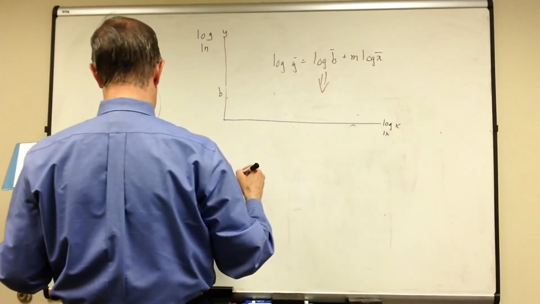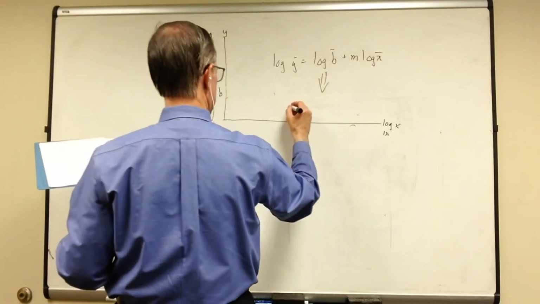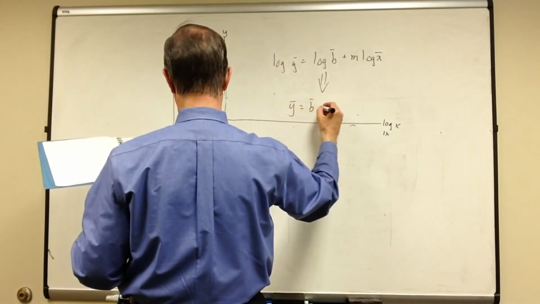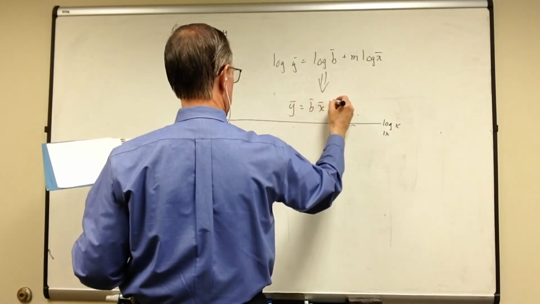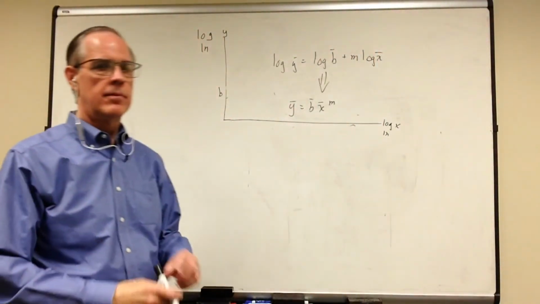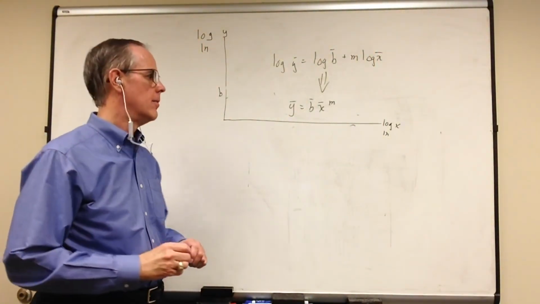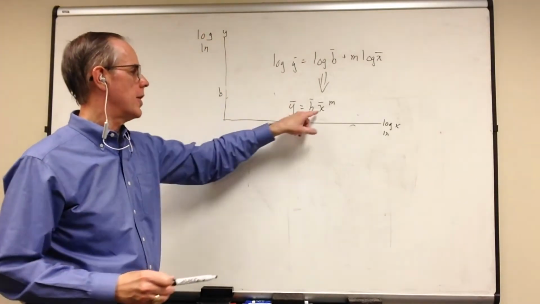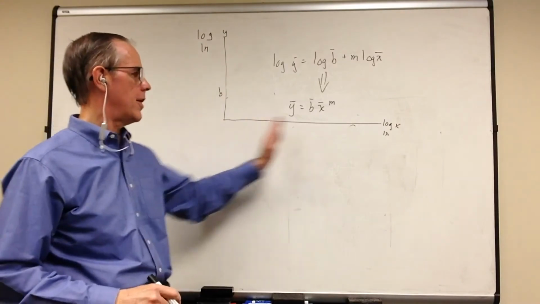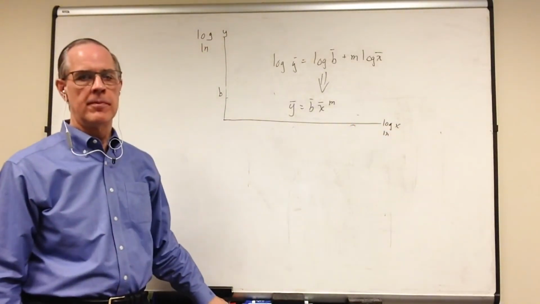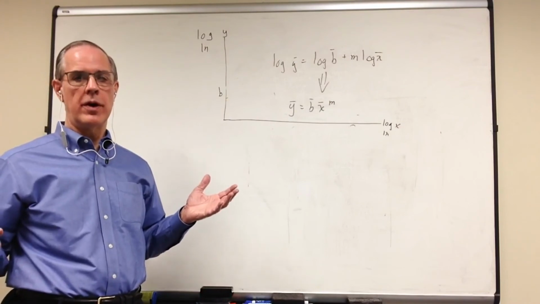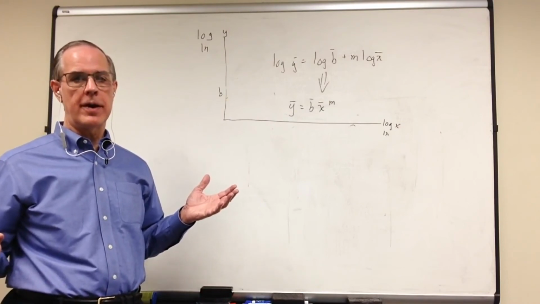Which goes back to that power relationship. Both of these are log, therefore you get a power relationship. In the past we used log paper. And that can be very useful for certain applications depending upon how the data goes.